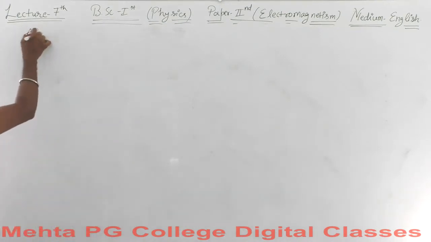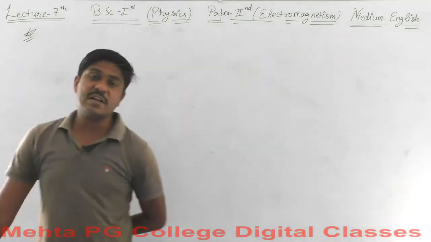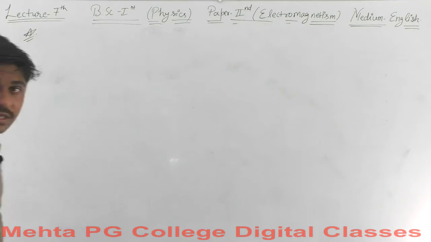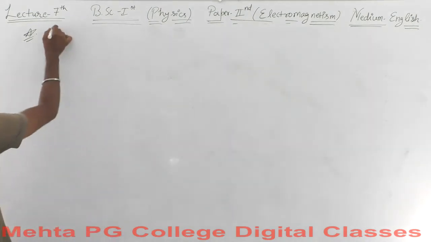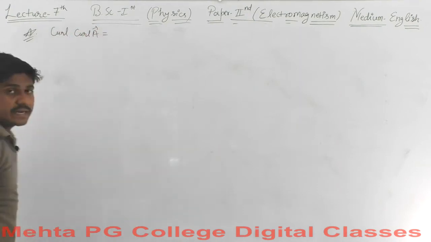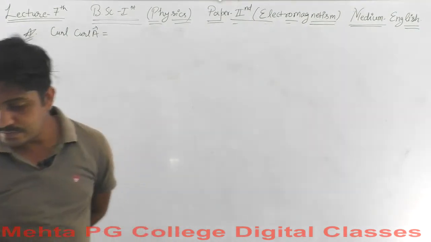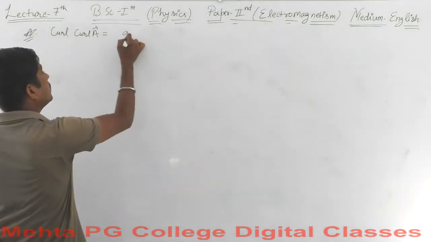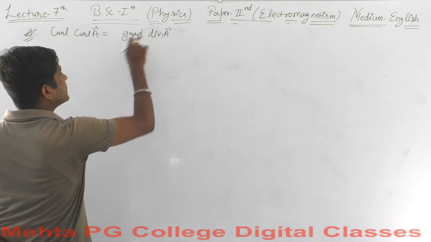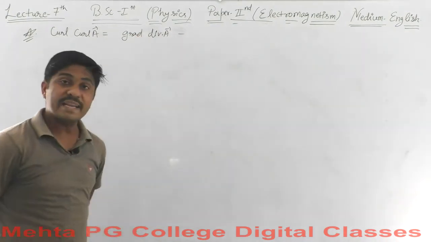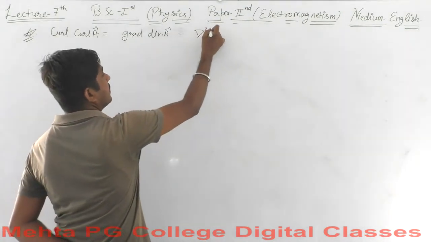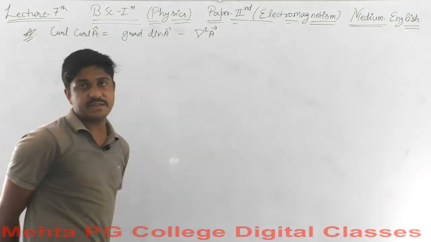This is also a question and also a calculus identity saying curl of curl of A vector will be equal to gradient of divergence of A vector minus del square A vector.